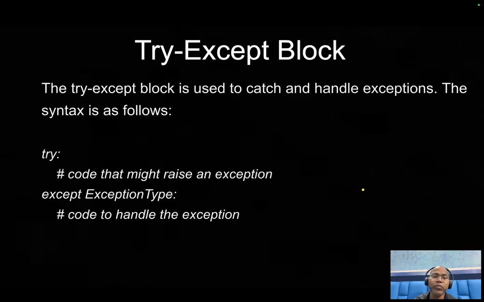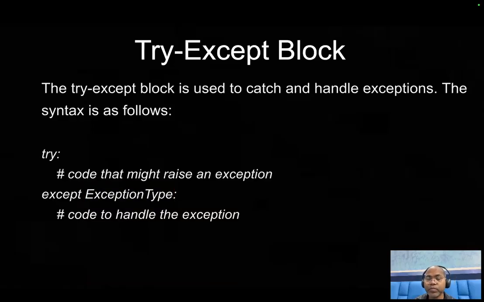And here you notice this is the exception type. Python provides a list of inbuilt exception types, like arithmetic error, mathematical error, runtime error, or some business logic error, custom error.